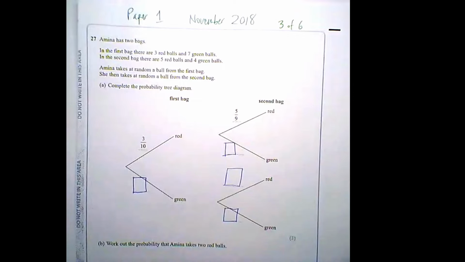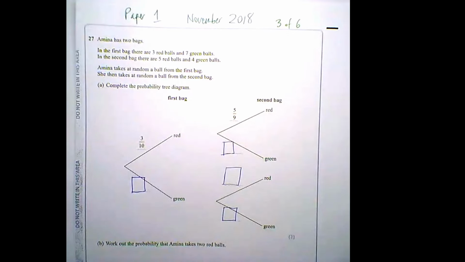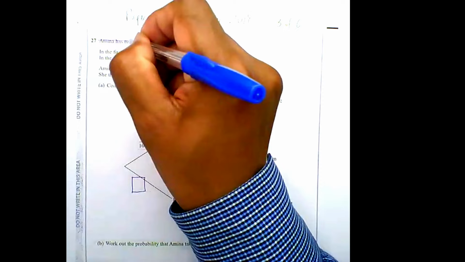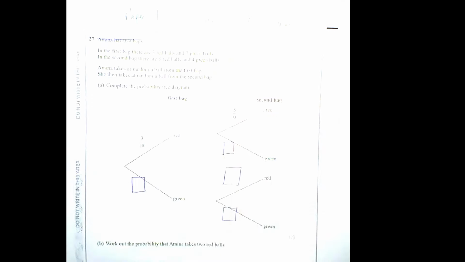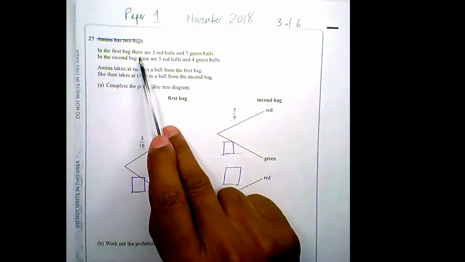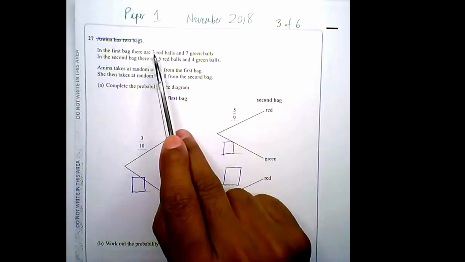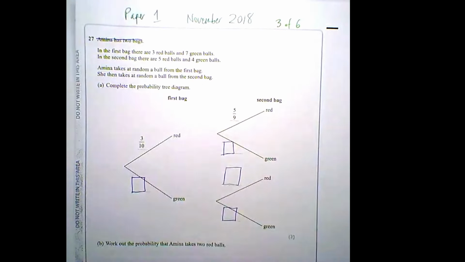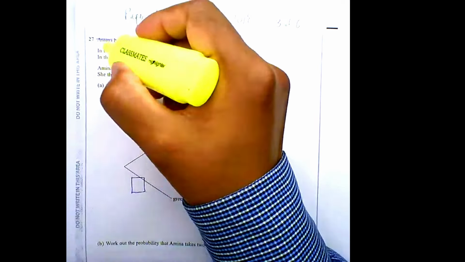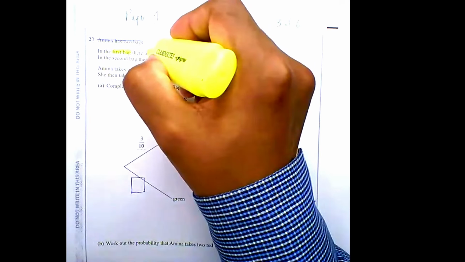Okay, let's go through this. First of all, Amina has 2 bags. That sentence we don't really need, so let's just cross that out. In the first bag, there are 3 red balls and 7 green balls. So for the first bag, let me just highlight this just to make it clear. First bag, we've got 3 red and 7 green.